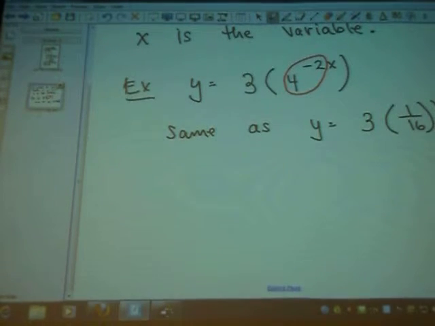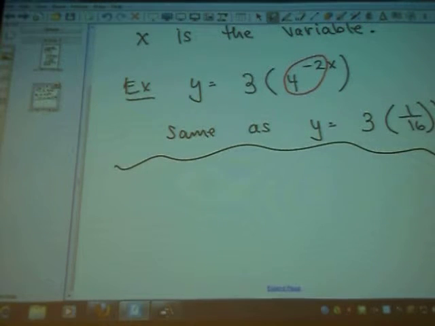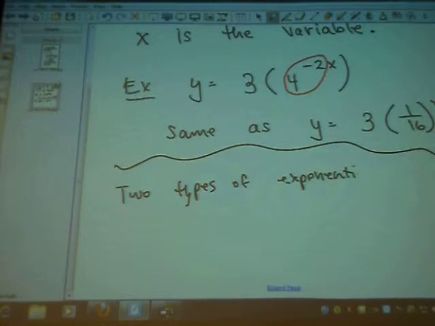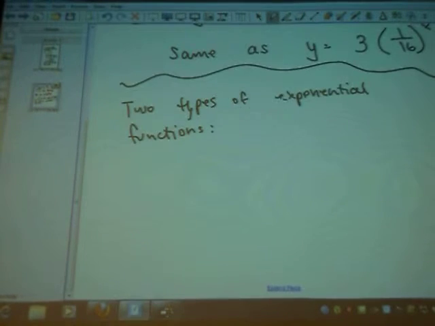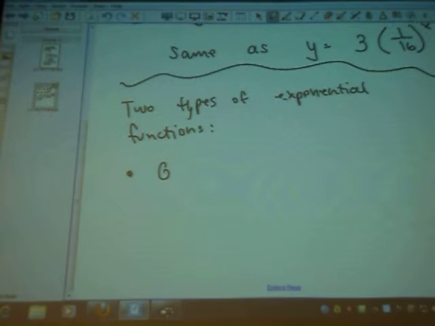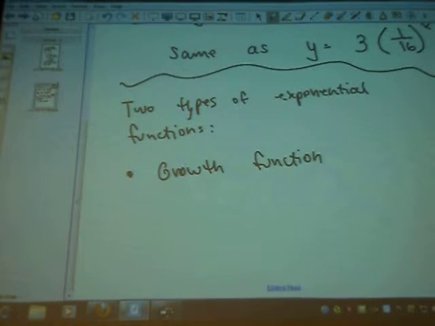Okay, now there's two types of exponential functions. You've got a function where your function is getting bigger as x gets bigger. That's called a growth function. So like if you have a population that's growing, that would be an exponential growth function.